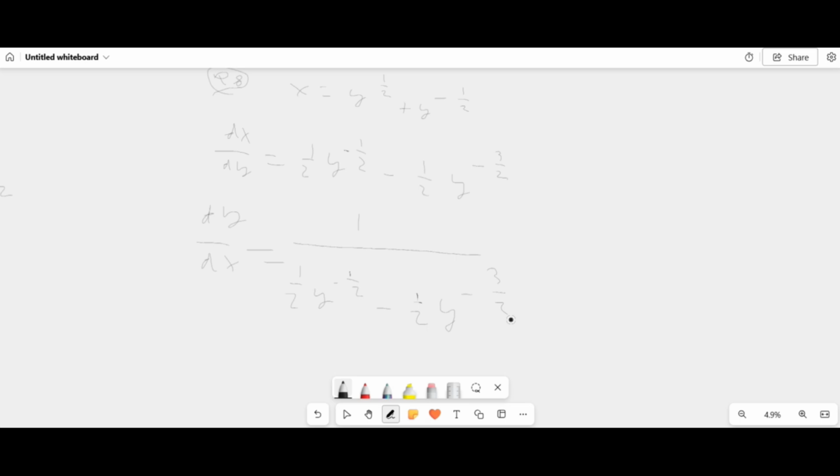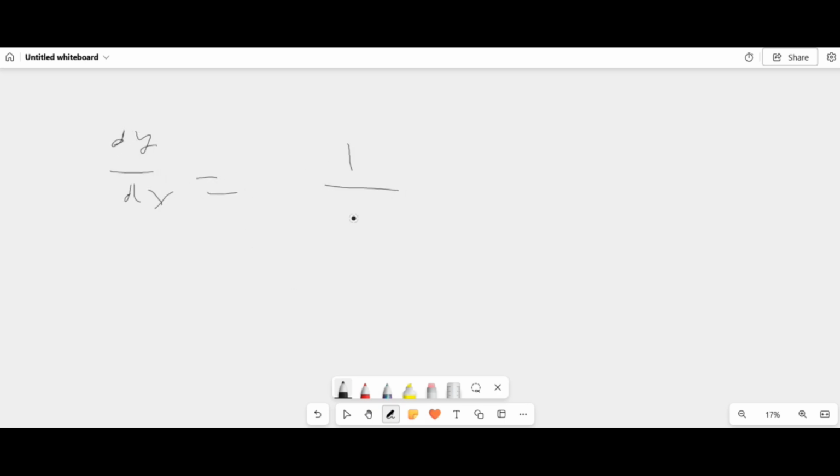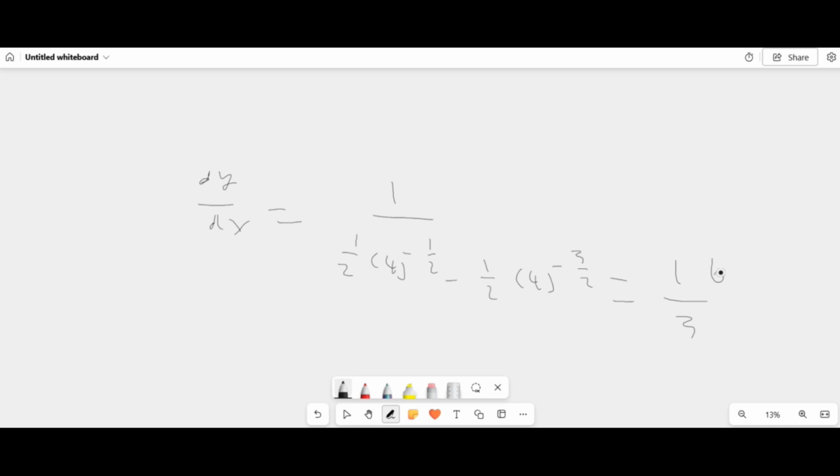So y is 4. Just substitute that in. So dy over dx is equal to 1 over half times 4 to the minus a half, minus half times 4 to the minus 3 over 2. And that's equal to 16 over 3 if you put it in your calculator. So that's the final answer.